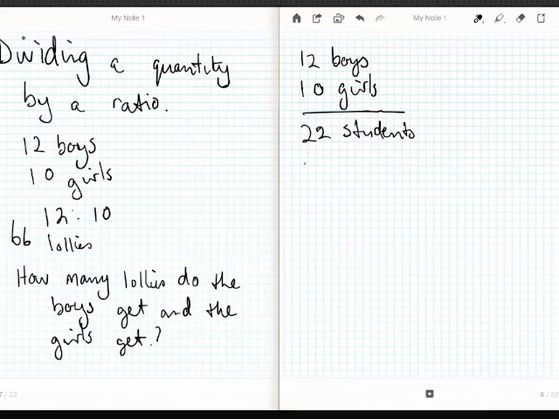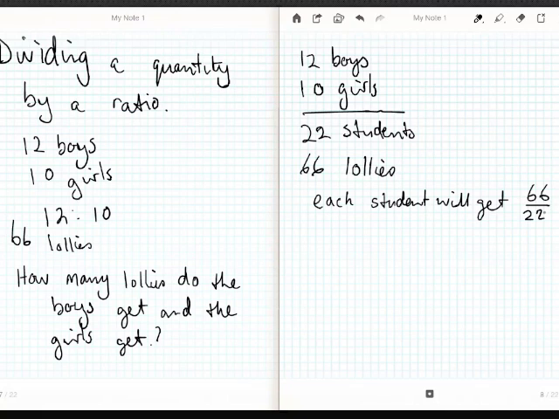If we have 66 lollies, each student will get 66 divided by 22 lollies, which equals 3 lollies each.